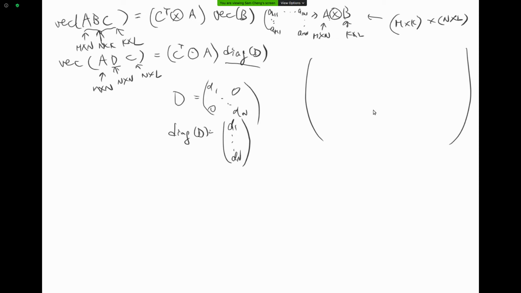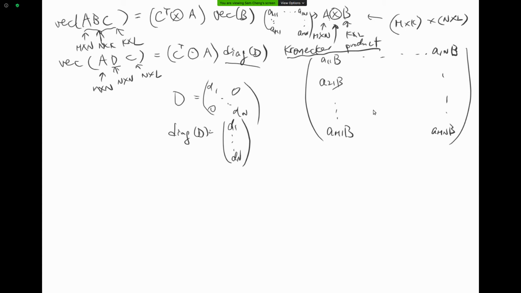Then A Kronecker product with B will be A11 B, A21 B, and so on up to AM1 B, then A1N B, and so on and so forth up to AMN B. And this is the Kronecker product.